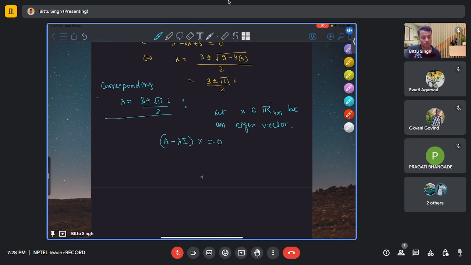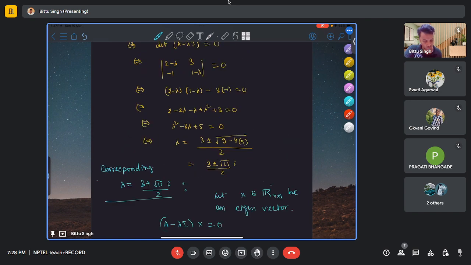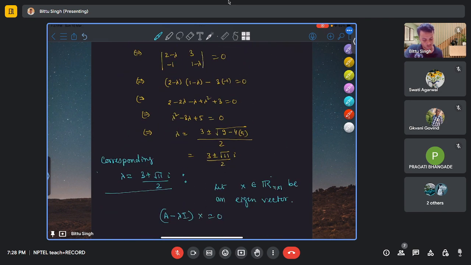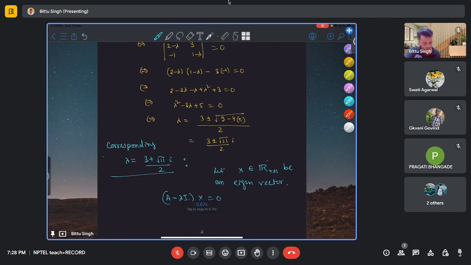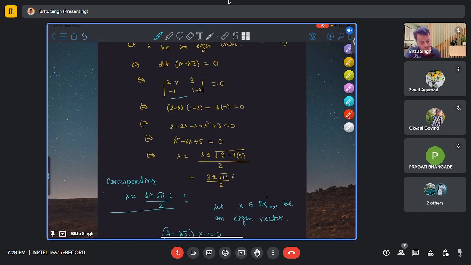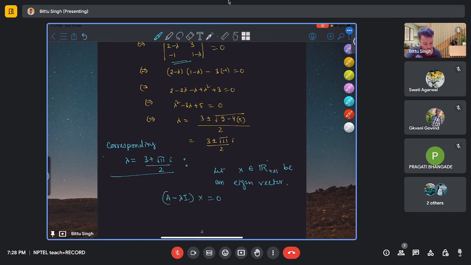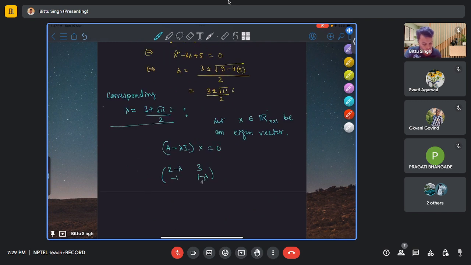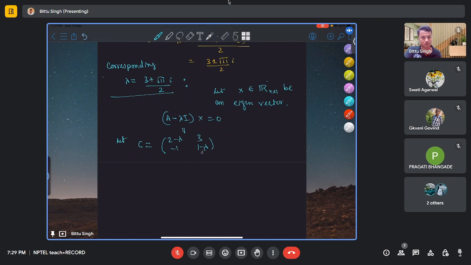Okay, we need to solve this matrix equation, and we know how to solve this equation. This is very easy, because we have already computed A minus lambda I. So this is actually 2 minus lambda, 3, minus 1, 1 minus lambda. This is the coefficient matrix. Let us denote it by some C.